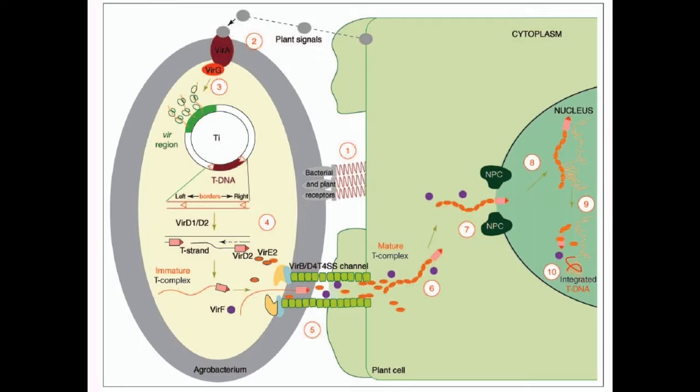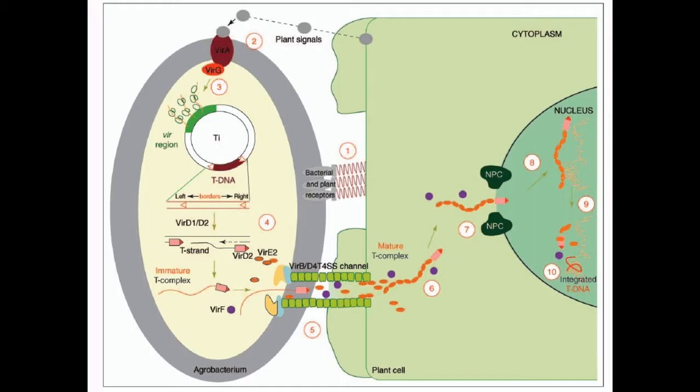So this is a beautifully evolved system because it only bothers to express the genes necessary to cause the tumor in plants when the plant is there. Some of these virulence-related genes always have the 3-letter prefix vir, in terms of the nomenclature.